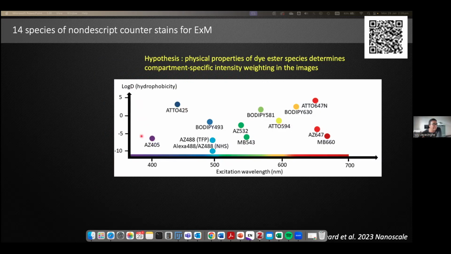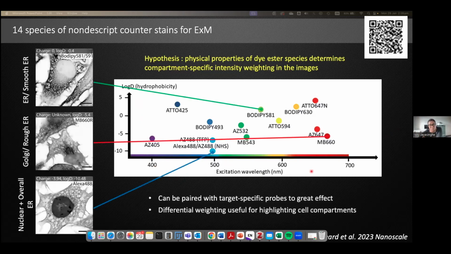And so we went on an investigation where we took 14 dye species, NHS ester and other types of ester species that you can buy off the shelf, that had varying hydrophobicity levels, and also different emission and excitation spectra.